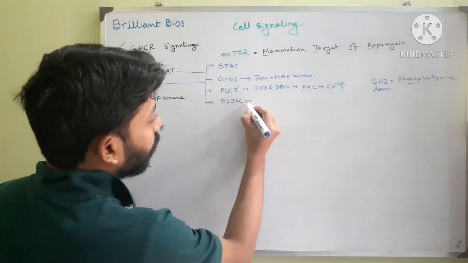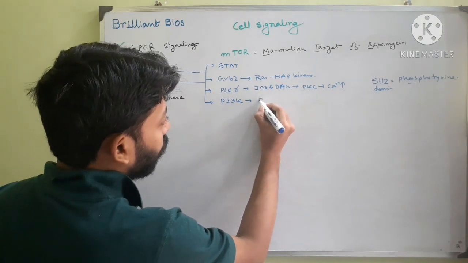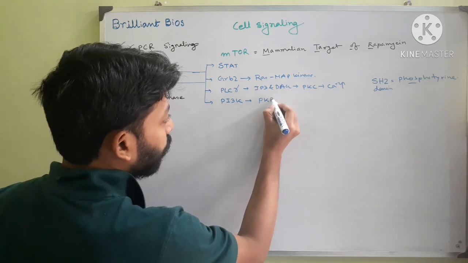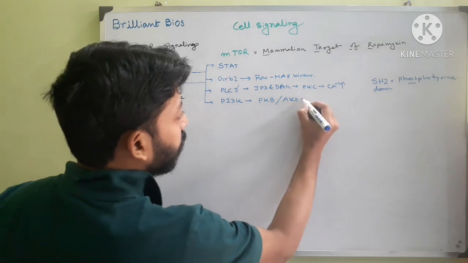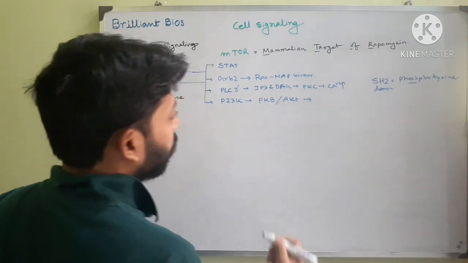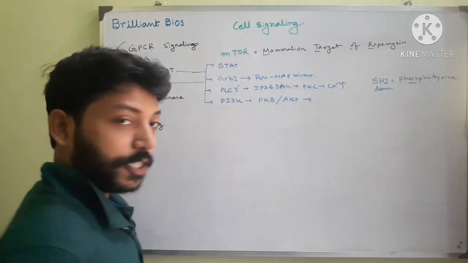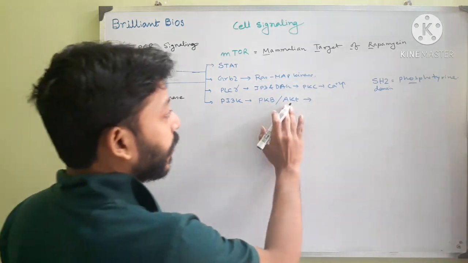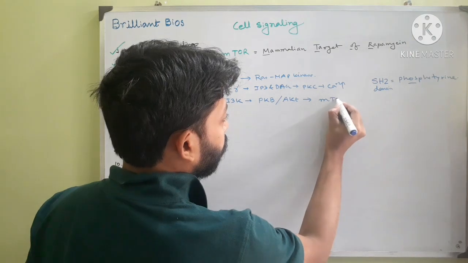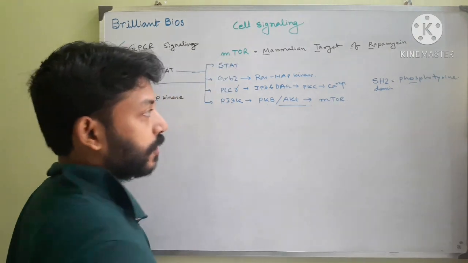Then this PI3 kinase activates a kinase called PKB, protein kinase B, also known as AKT. This kinase can activate the mTOR pathway.